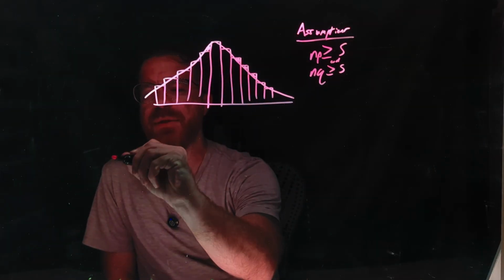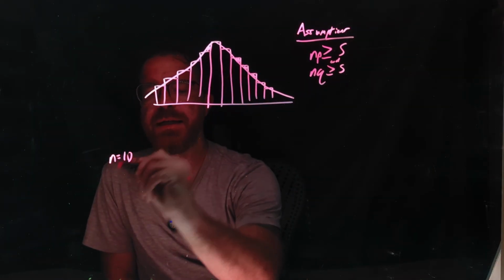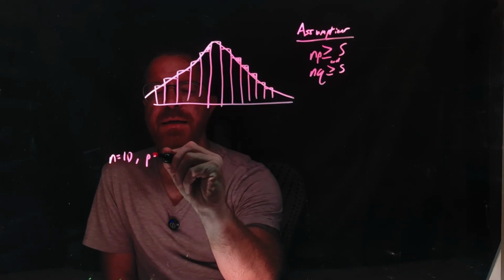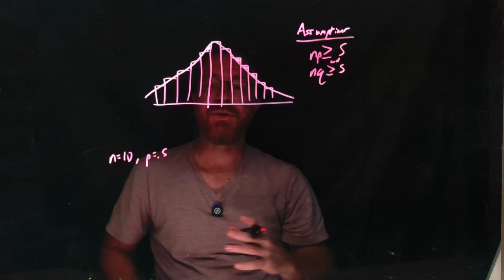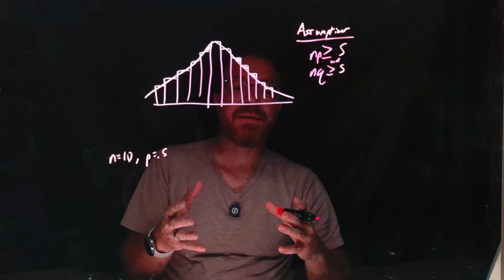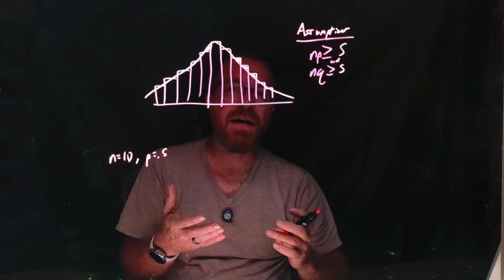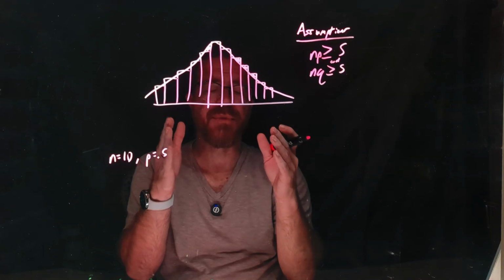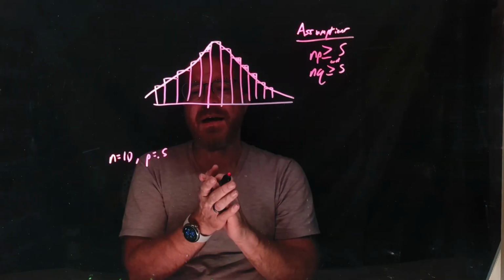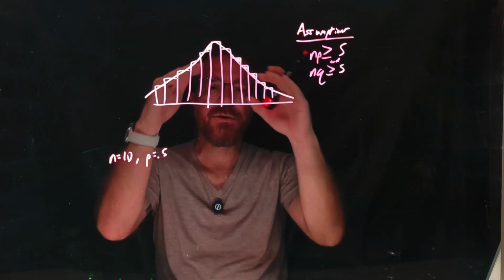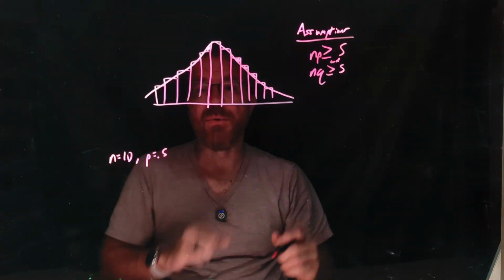Let's say, for example, that we have n equals 10 and p equals 0.5. With p equals 0.5, my expected value tells me that I expect 5 on average, with the next numbers from there being 6 and 4. And basically you should automatically get a very normal looking graph.